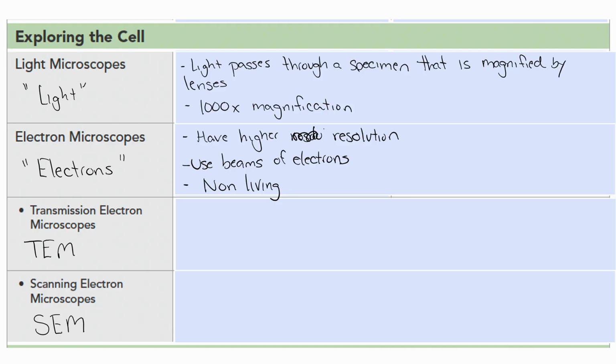Both use electrons, but in a transmission electron microscope, the sample must be razor thin. So it has to be a thinly sliced specimen, and because of that, the electrons are able to pass through the sample, which creates the image.